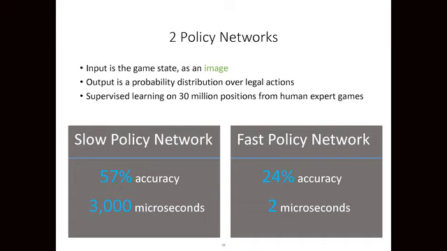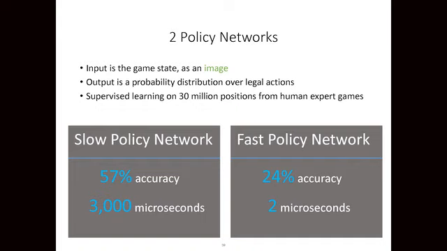The idea is that if a move has a higher probability, it'll be a more promising move for you to take. But another key point is that it's not deterministic. It's not telling you to take this move, it's just assigning a higher probability to this move. And this network was generated by doing supervised learning on 30 million positions from human expert games.